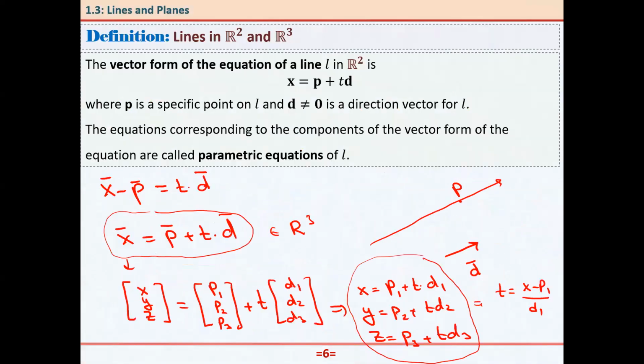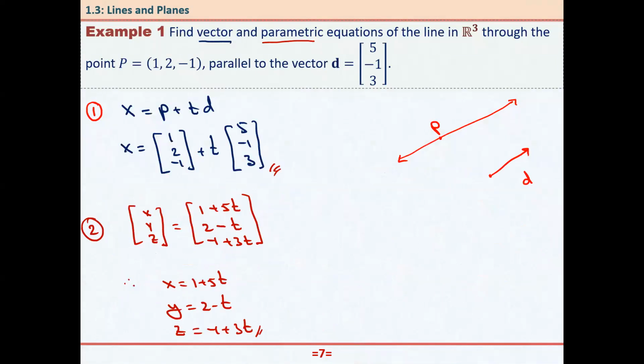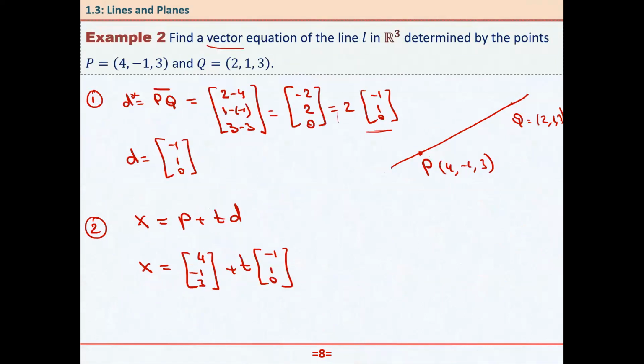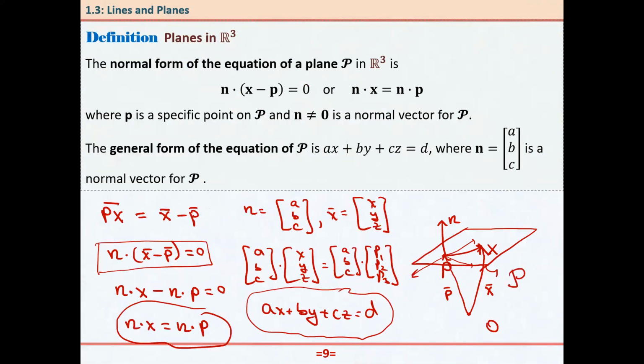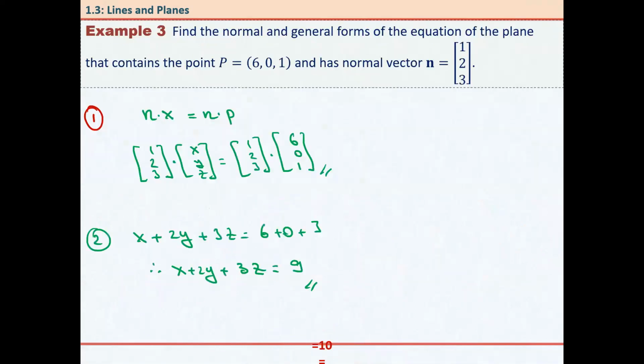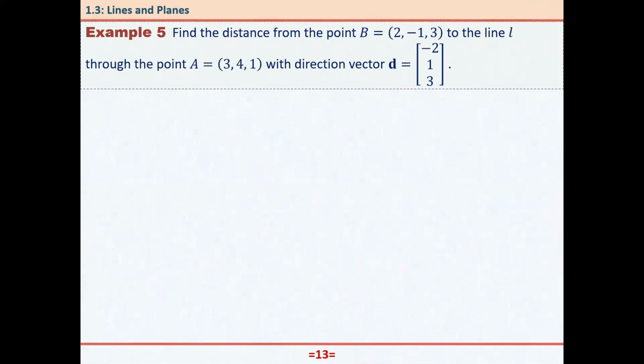We just did how to write the equation of a line in terms of a vector, normal vector, or parametric equations, and also planes in R3. These are the things we did in the last class. We stopped here, so we will continue from here.